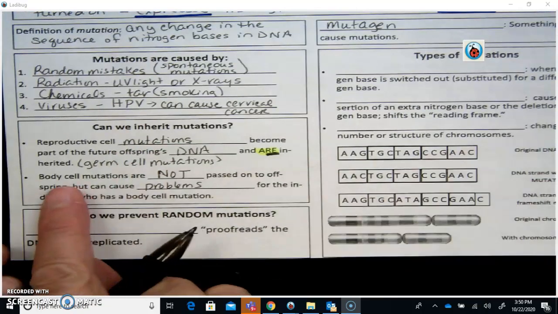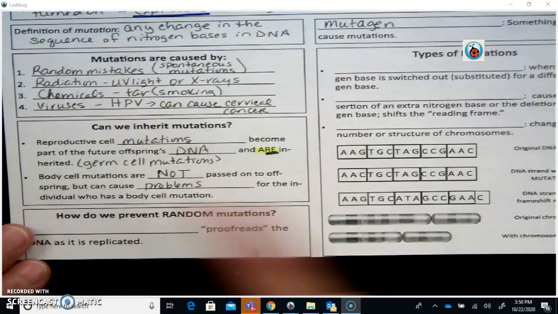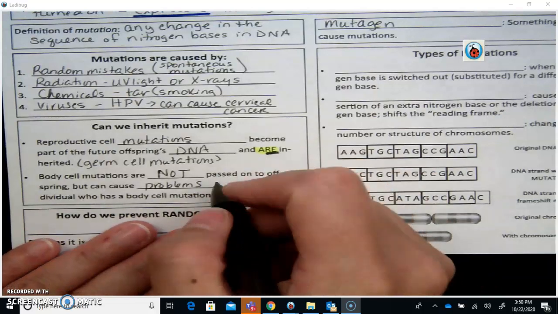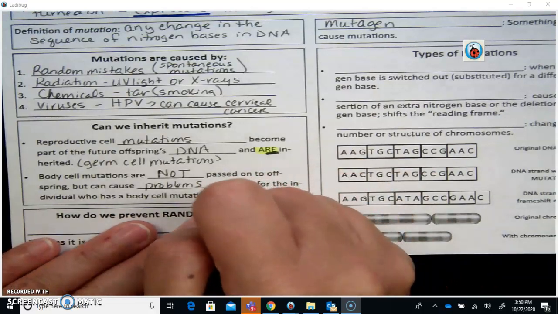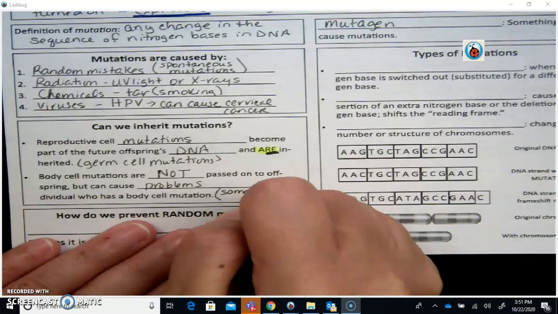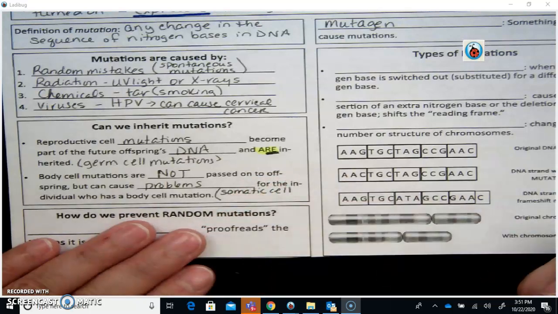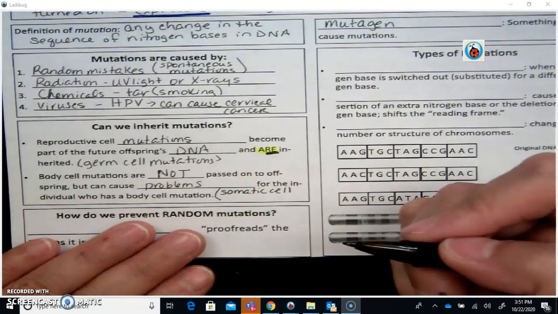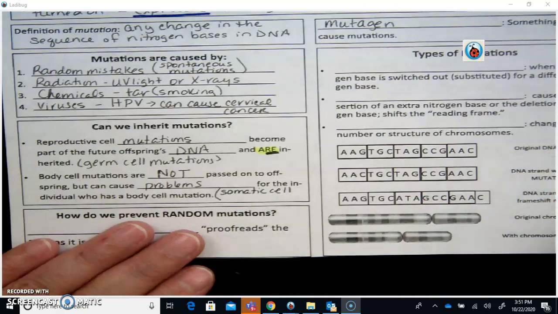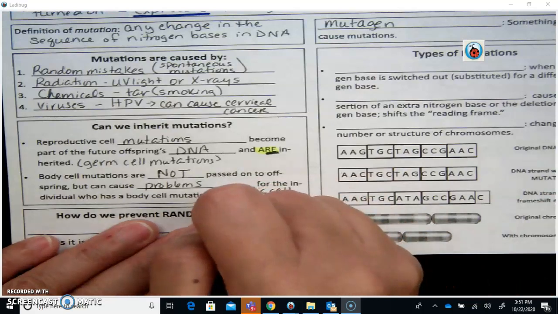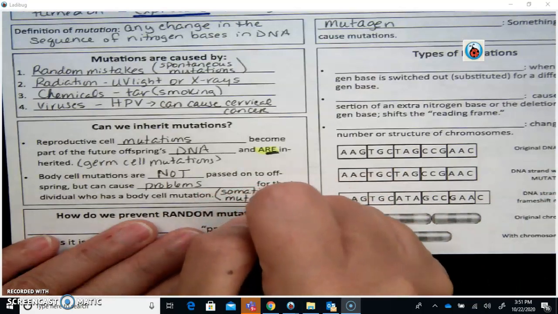And of course, we have a fancy way of saying body cell mutations: those can be called somatic cell mutations. Somatic cells are body cells, like I said, skin cells, pancreas cells, liver cells, lung cells. Those are all part of your body. So they're called somatic cell mutations.